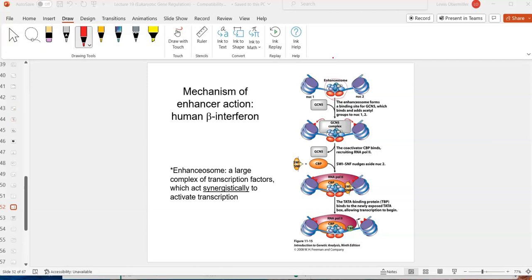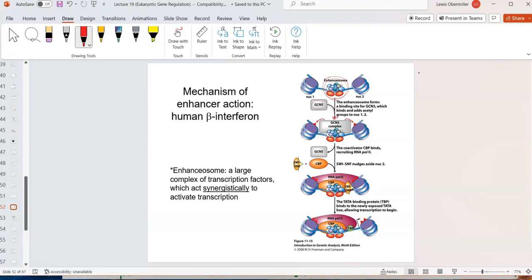Okay, so we talked about enhanceosomes already, and you guys know that this is a complex of different transcription factors, and activators and silencers that assemble in the promoter region to help recruit the RNA polymerase. So in this case, there's a thing called GCN5. I don't care that you know that. Well, maybe I do.